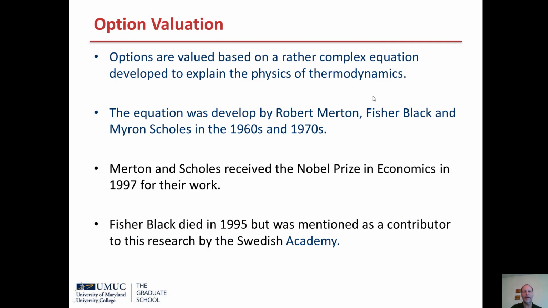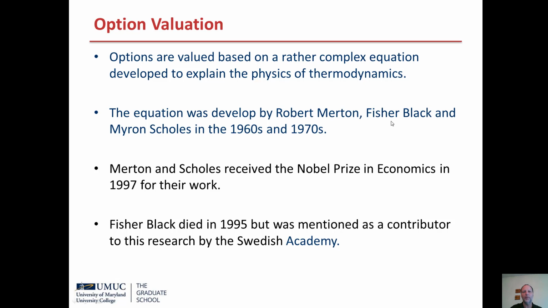An equation on how to value options was developed by Robert Merton, Fisher Black, and Myron Scholes in the 60s and 70s. Interestingly, options are valued using an equation of thermodynamics from the late 1800s.